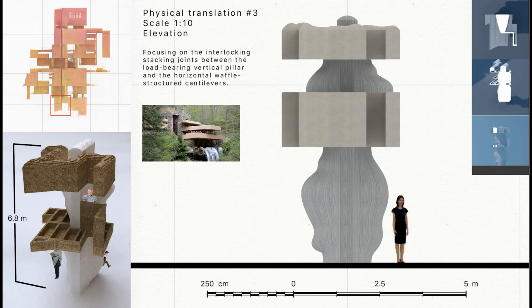Falling Water has its vertical elements extruded from the rocky ground, perhaps not seamlessly, but nevertheless sufficiently blended into the cliff, while its horizontal cantilever elements are visually distinct. This is a quality we aim to extract, alongside the principle of interlocked stacking.